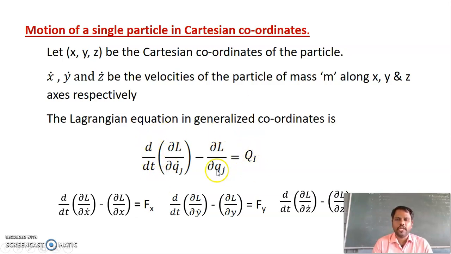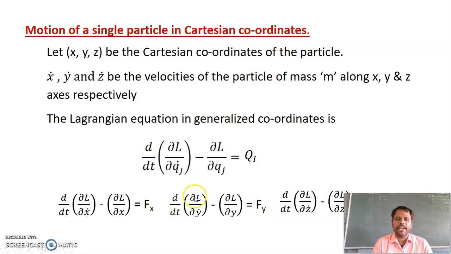Expressing this Lagrangian equation in its force components, we arrive at d by dt of dou L by dou x dot minus dou L by dou x is equal to Fx, which is the force component along the x-axis.